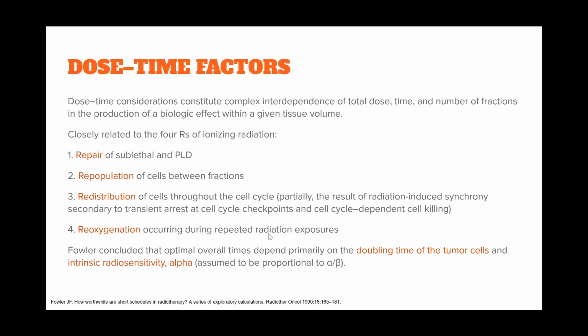Then reoxygenation, which occurs during repeated radiation exposures. We all know oxygen is so important for radiation response. And we had seen that once the oxygenated cells die, the hypoxic cells get oxygenated. So this is reoxygenation. Then optimal overall time also depends primarily on the doubling time of the tumor cells, the intrinsic radiosensitivity, and the alpha, which we'll discuss further.